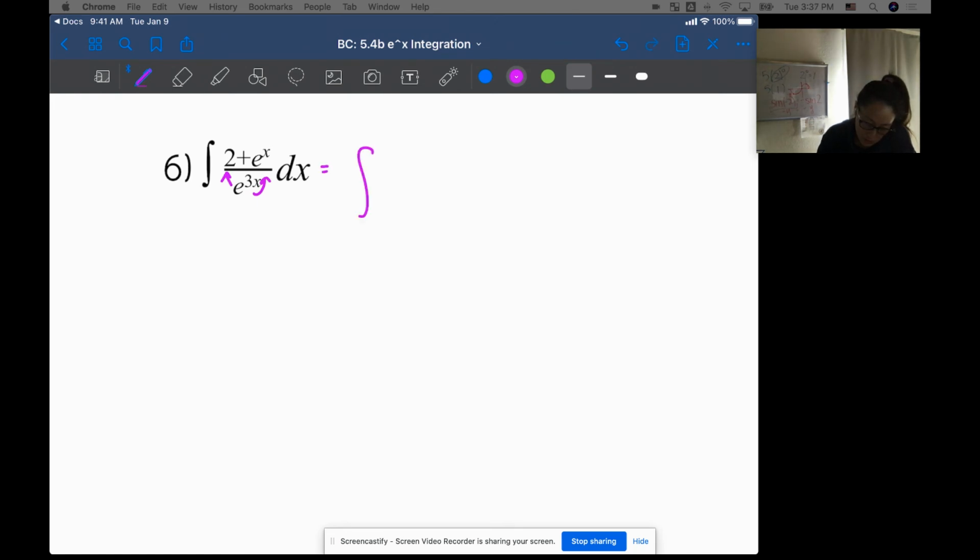I get the integral of 2e to the negative 3x plus, let's say I have e to the 1x minus 3x, so e to the negative 2x dx, okay? And since I now have terms, I can split my integral into two integrals.